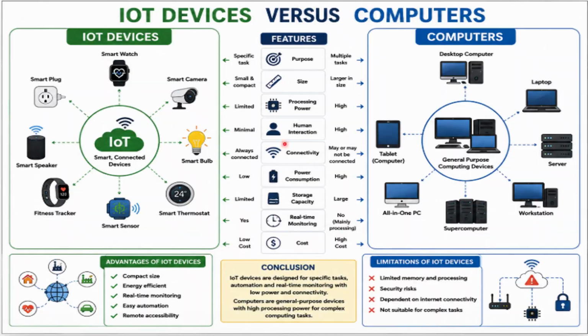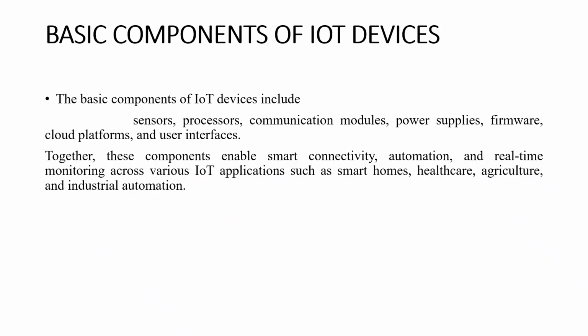Okay, these are all the features when compared between IoT devices and computers. Some special features. Next one, some of the basic components of IoT devices we are going to see.